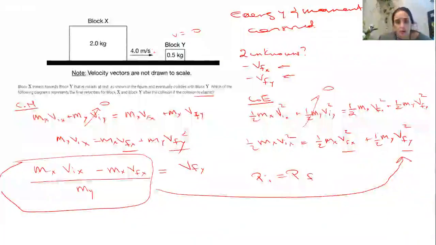I can determine what the initial momentum is with the information provided, and then I can just solve for the final momentum of the different options that are given to us and see which one matches and which one doesn't. That would be the best way to approach solving a problem this way.